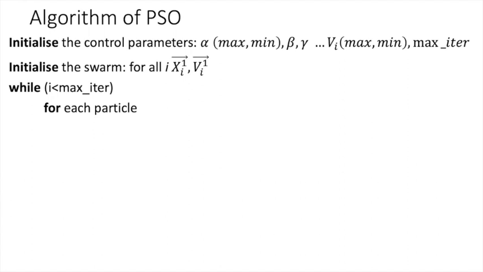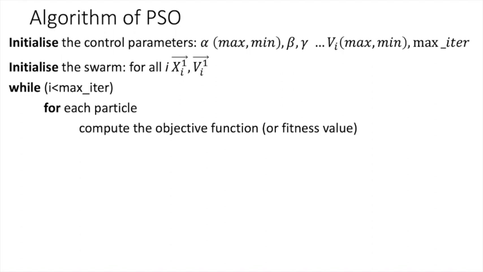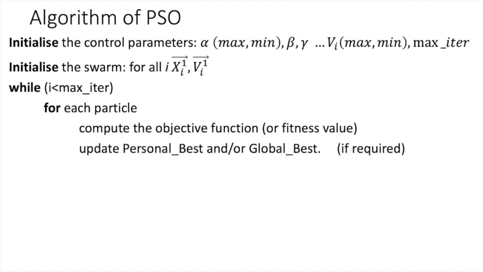That is, for each particle, we compute the objective function to grade each particle. Based on this grade, we decide whether we have reached the personal best for this particular particle, or we have discovered the team's best so far. And after we have done the above steps for all the particles in the swarm, we update the inertia, that is alpha.